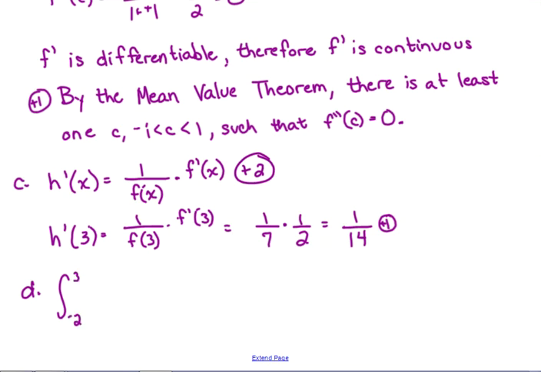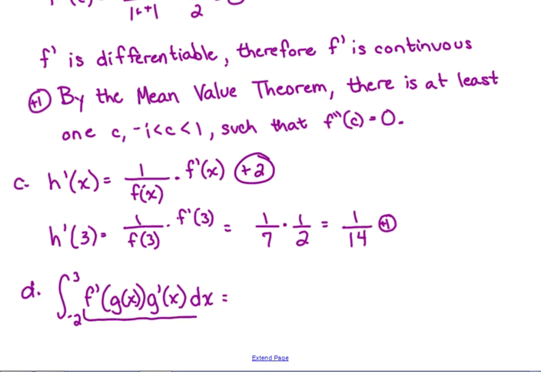but this really is not that bad. Remember, when we're trying to figure out how to anti-differentiate something, the question that we should be asking ourselves is, well, what function do I take the derivative of to get what's inside my integral?